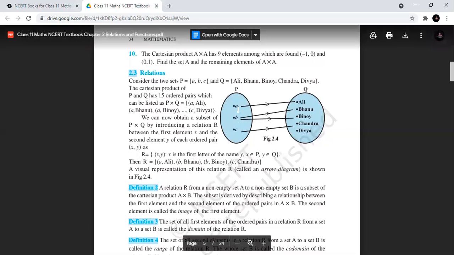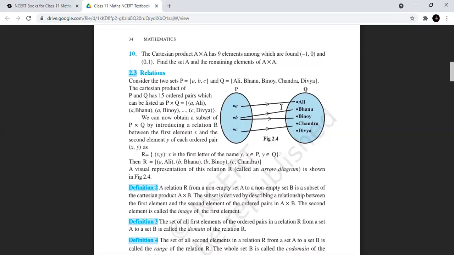The elements of the domain are mapped: A is in relation with Ali, B has a relation with Bhanu and Binoy as well, and C has a relation with Chandra, and Divya is alone here. So we can have extra entries in the codomain.